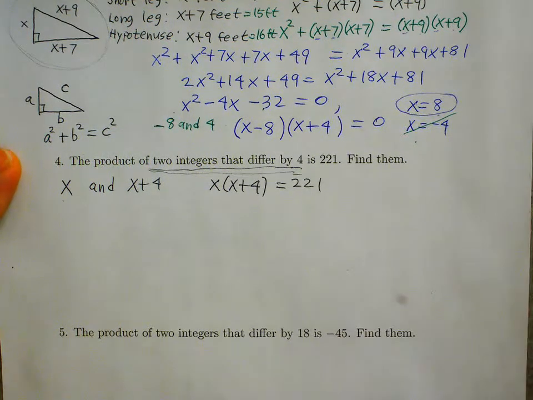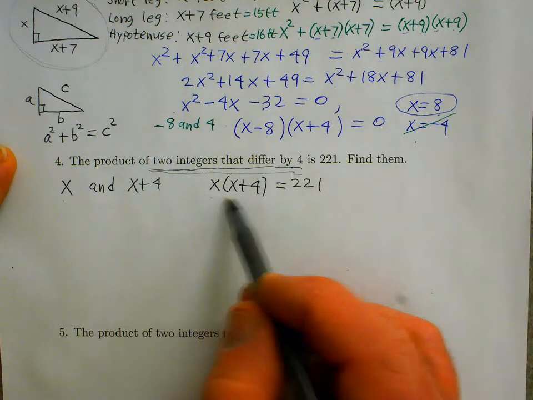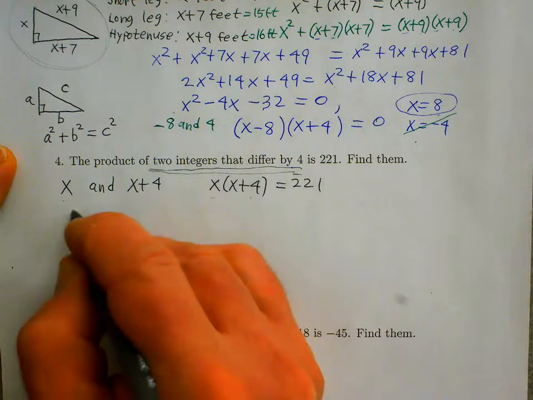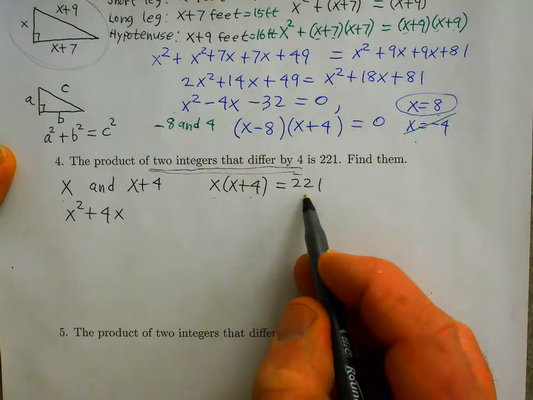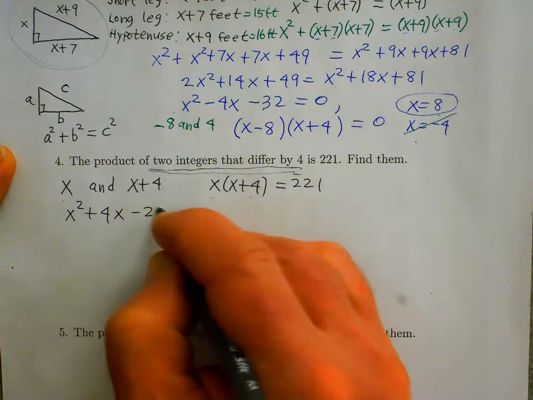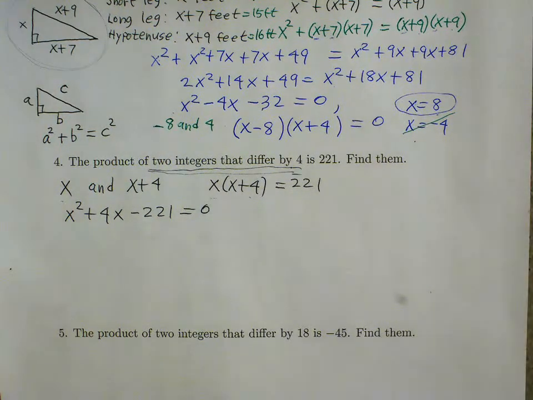And to solve it by factoring, we want one side to be 0. So we have to multiply x times x plus 4 to get x squared plus 4x, and then we subtract 221 from both sides. And then we solve this quadratic equation.